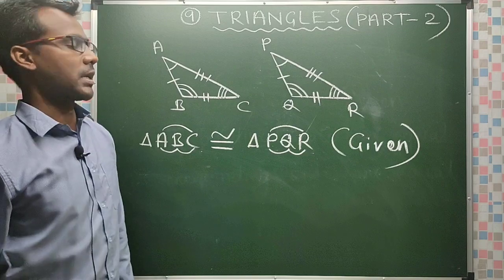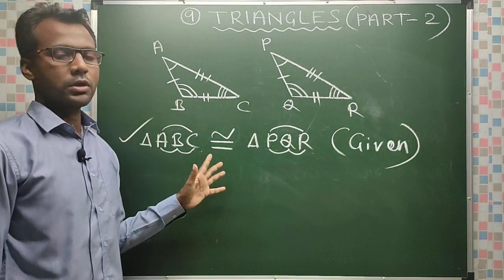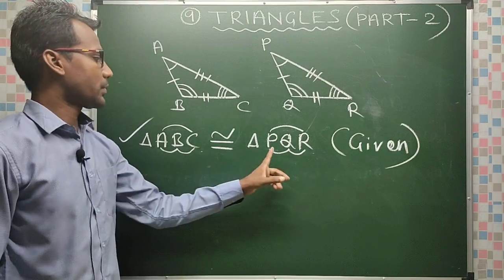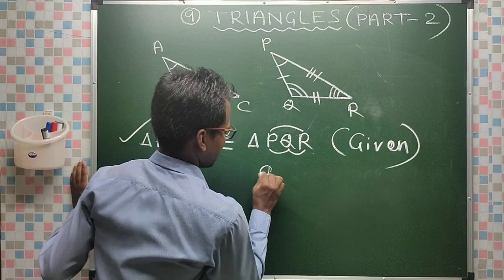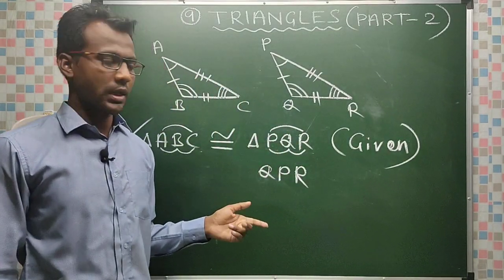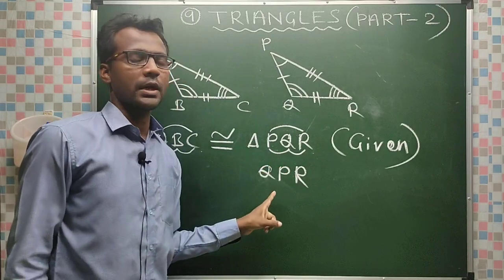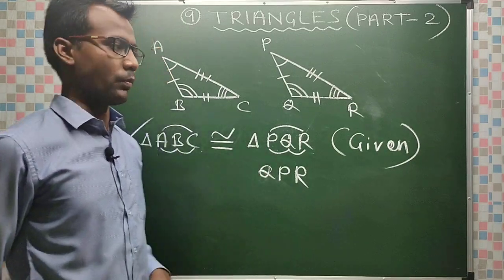So from this you can understand that this order will give us everything. If PQR is the correct order, you cannot write it as QPR, it will be wrong. So here order is very important.